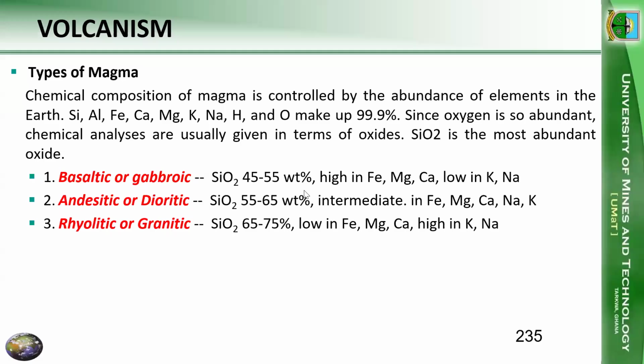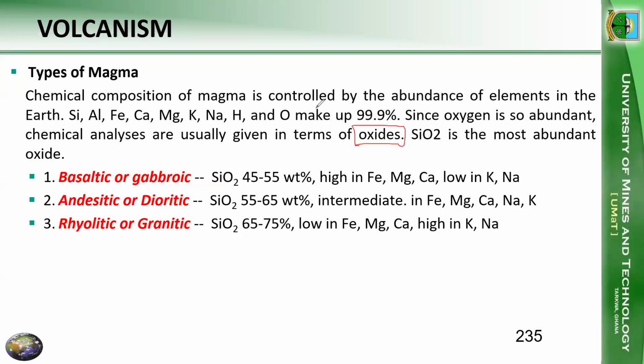Because oxygen is so abundant, these chemicals typically exist in terms of the oxides. So we are going to have various oxides, like silicon oxide, aluminum oxide, iron oxide, and all that.